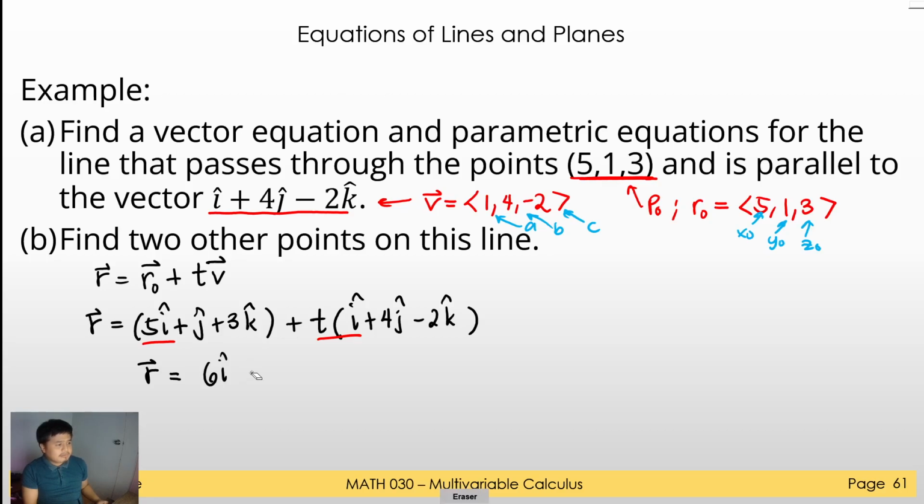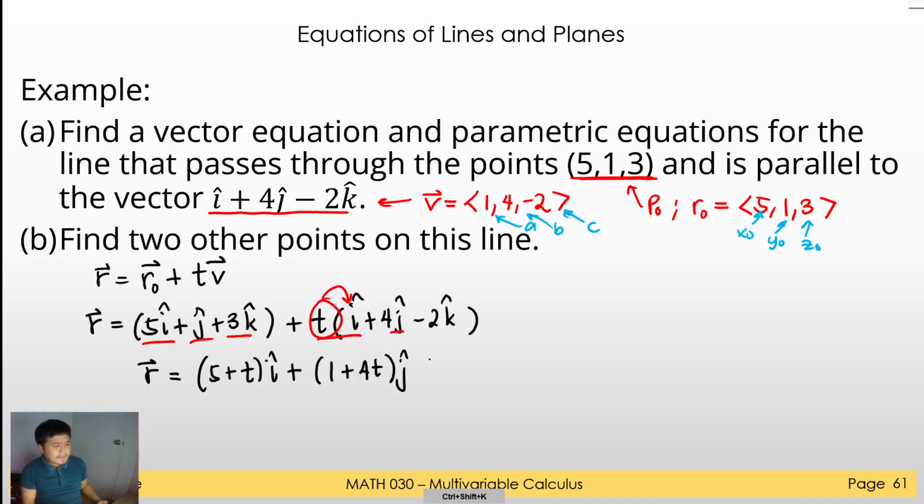And then plus 1 plus 4t, j hat. And then we have 3 plus negative 2k times t.